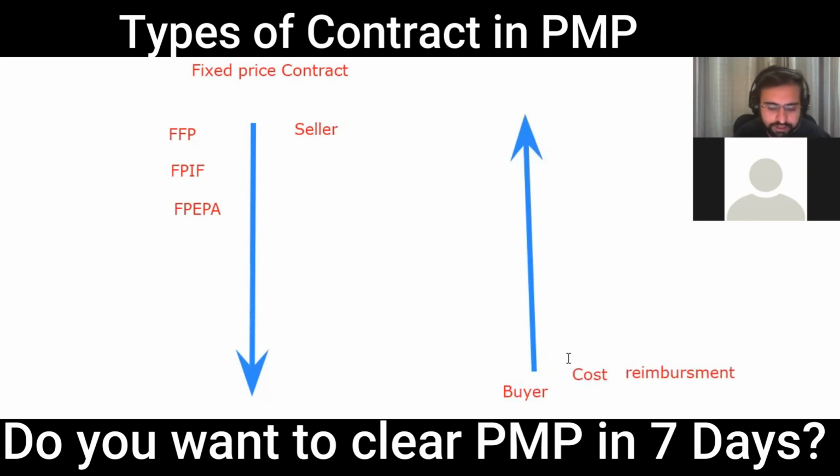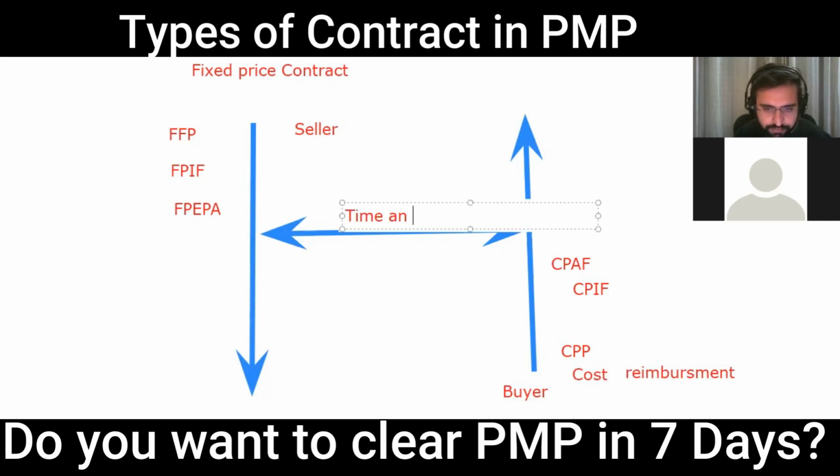If we have cost plus fixed fee, all the risk is on the buyer. As we move to cost plus incentive fee, the risk starts decreasing. If we have cost plus award fee, the risk is further less. And in the middle we have time and material. Okay, this is clear.